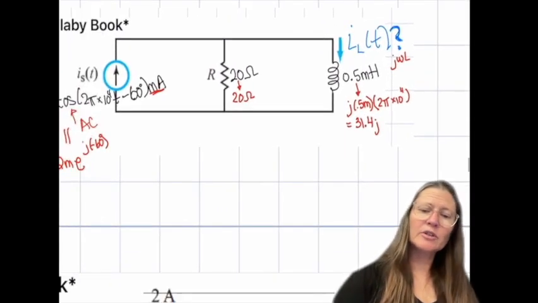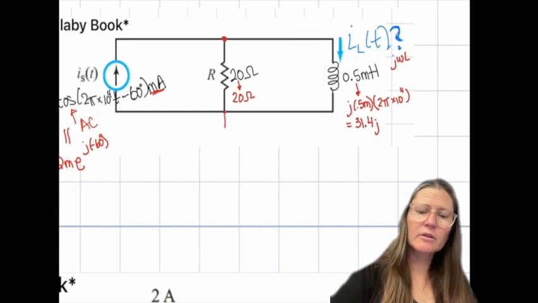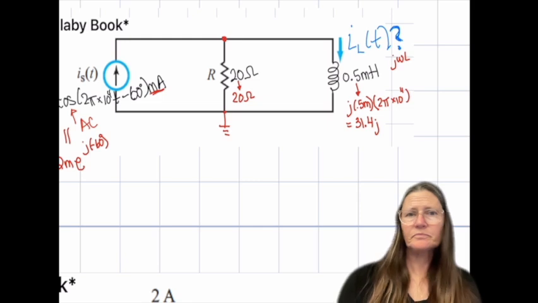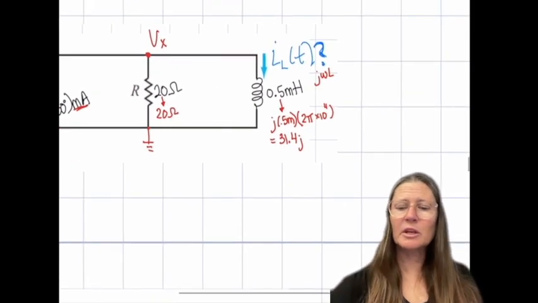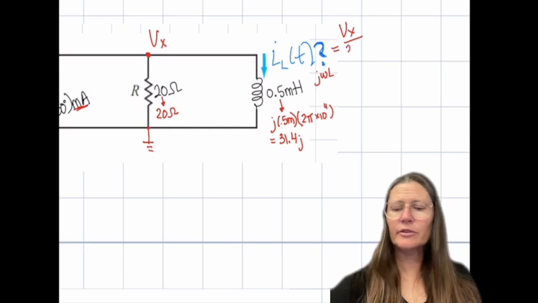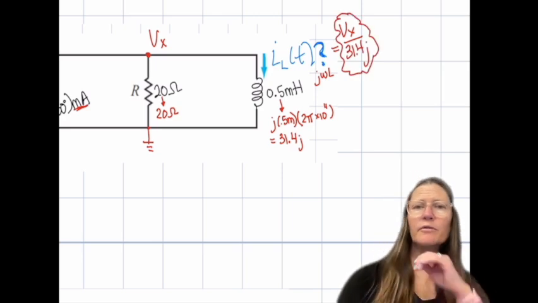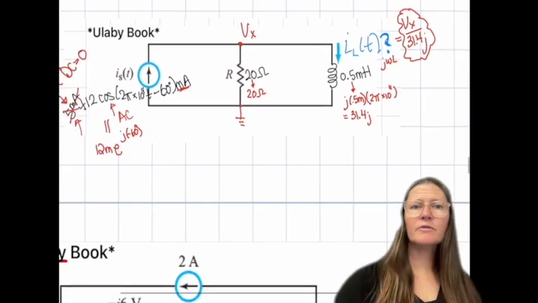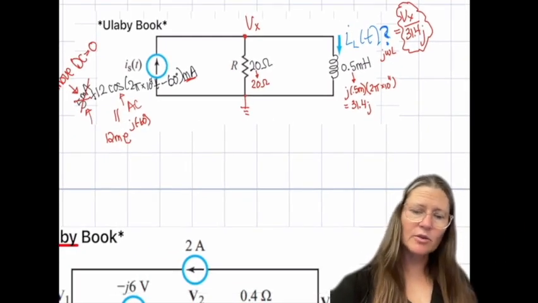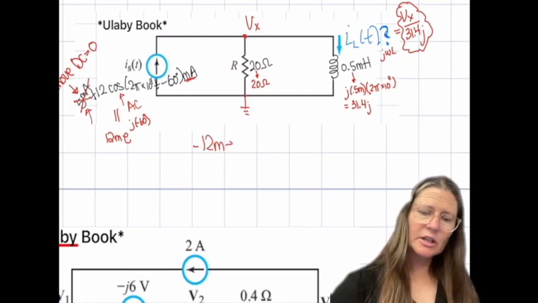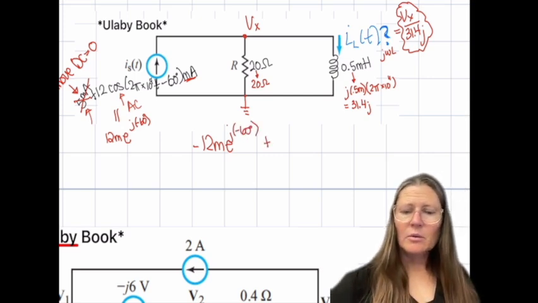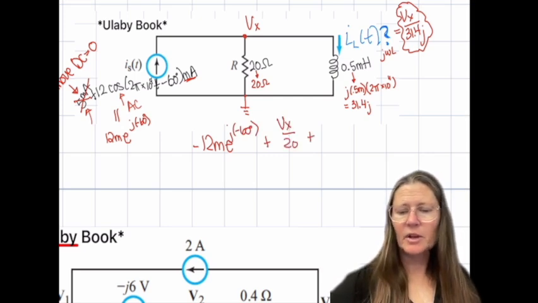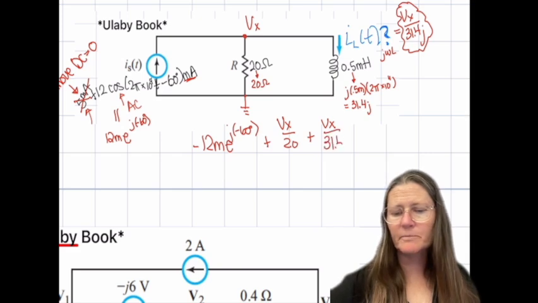So with that, we're trying to solve for IL. I'm going to put my ground here. I'm going to label this as an unknown voltage, and IL will be Vx over this 31.4j. So then I can solve for Vx, and the equation for that is that Is is coming in, so a minus 12 milli e to the j of minus 60 degrees plus Vx over 20 plus Vx over 31.4j.